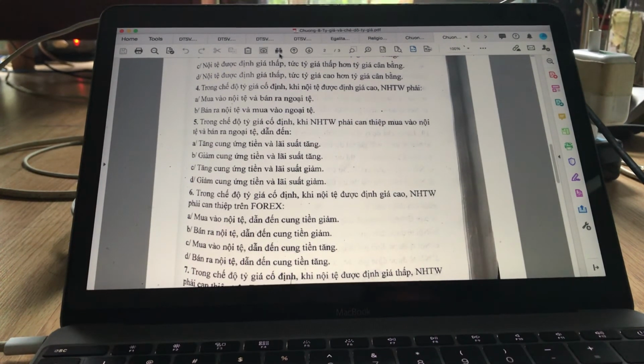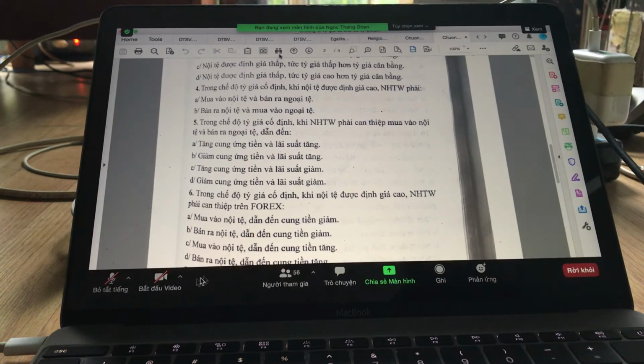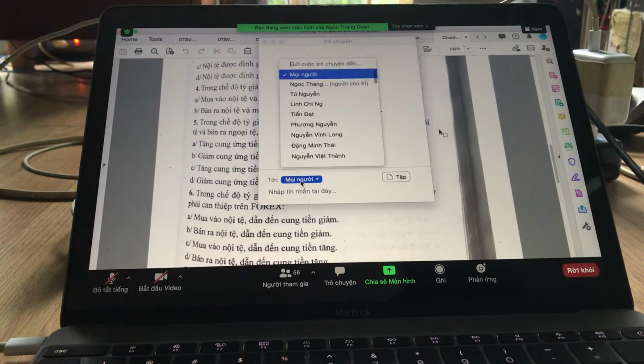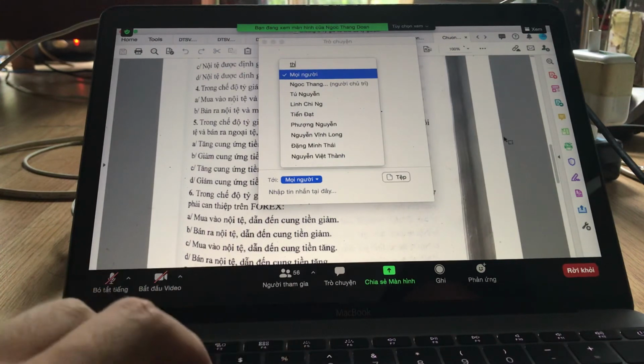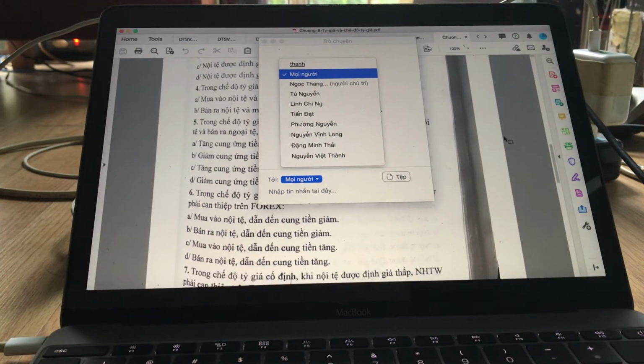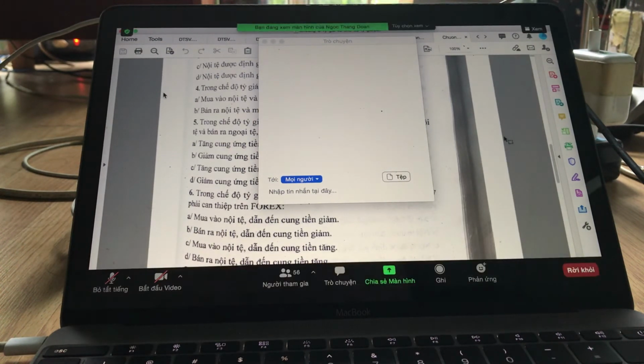Is that the answer? Yes. Okay. Why do you choose this? Please explain for us. It depends on the knowledge I have just learned from macroeconomics.